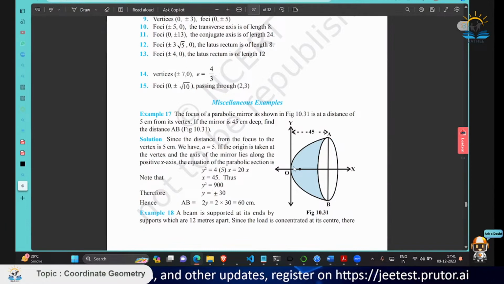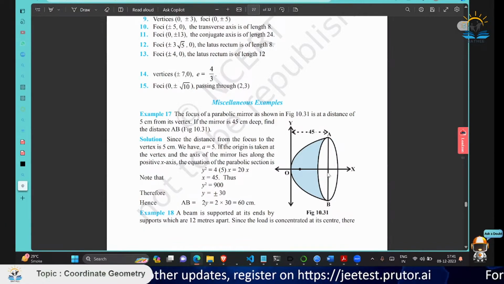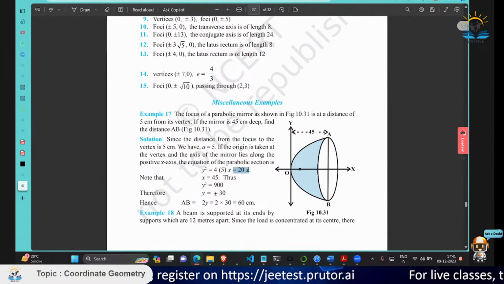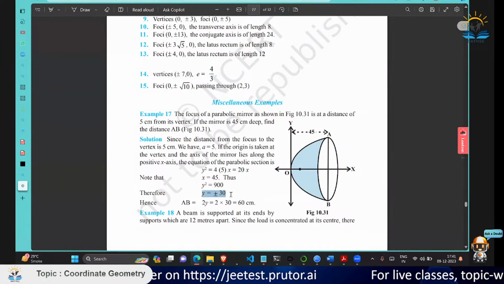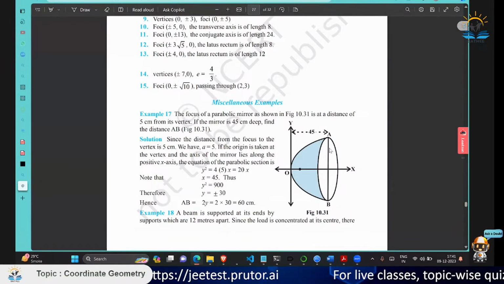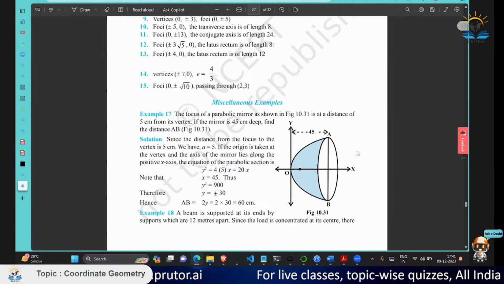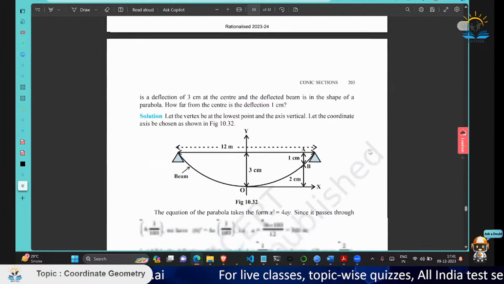Because 45 is the distance from the origin, and that's the x coordinate as well. If you put x equal to 45 in this, you will get y equal to plus minus 30. And so 2y is nothing but AB, which is 60 centimeters, 30 minus of minus 30, right? It was simple.